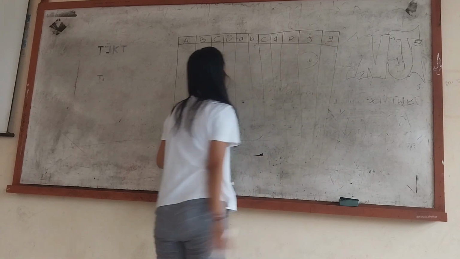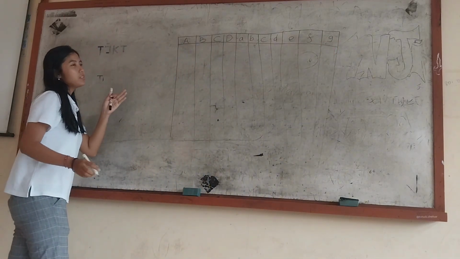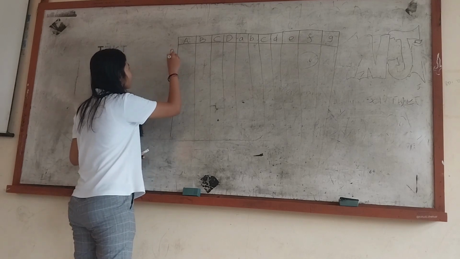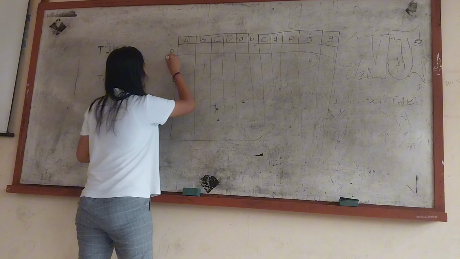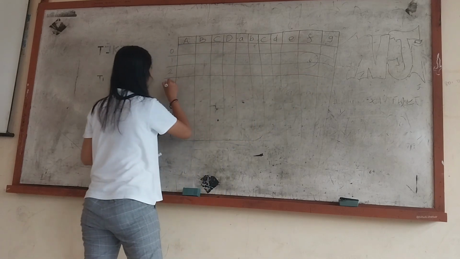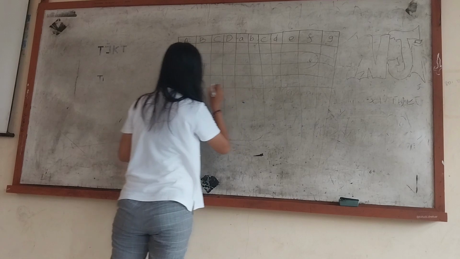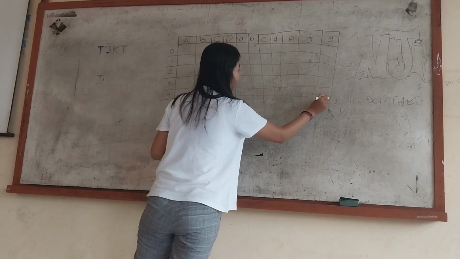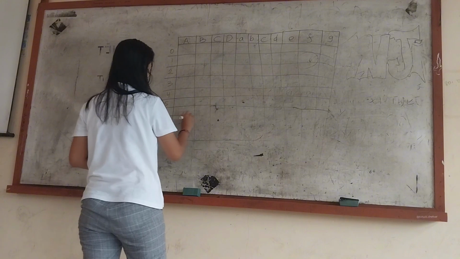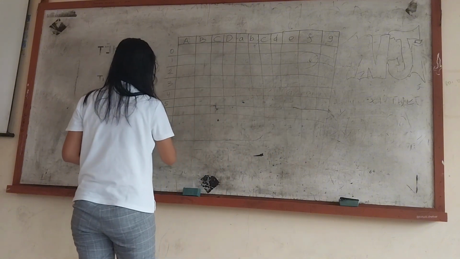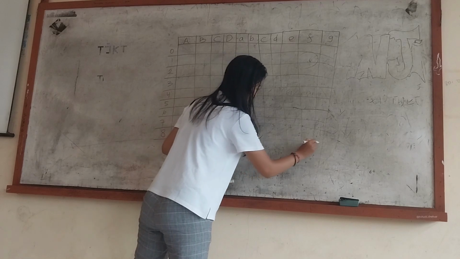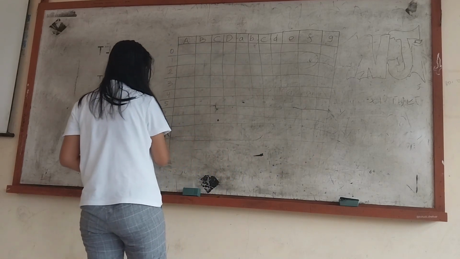The last one is G. So now I will write the rows 0 until 9, and the last one is 9.